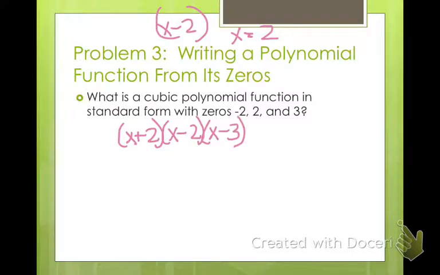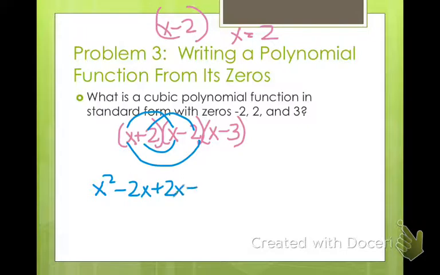Now we're going to go ahead and multiply these just like I did on the last slide. So we're going to use FOIL first. So first is x squared, outer is minus 2x, inner is plus 2x, and last is minus 4. These two cancel. Also, this one's nice. So I have x squared minus 4 times x minus 3.